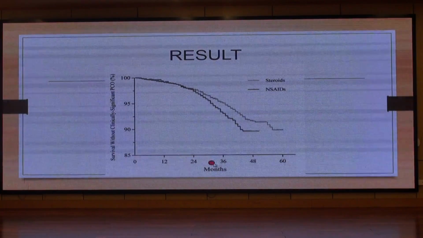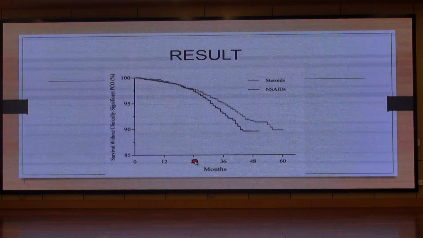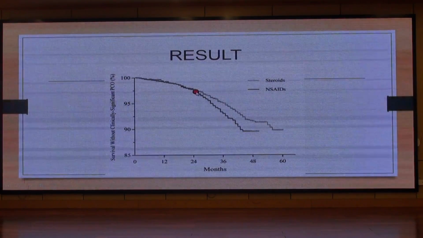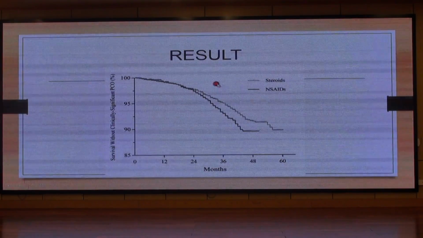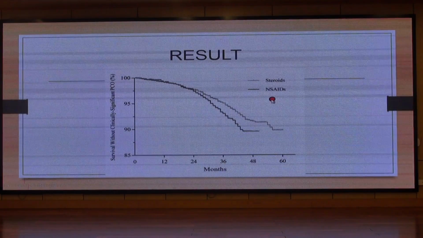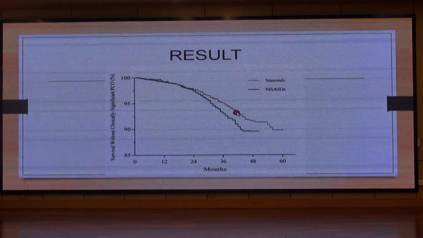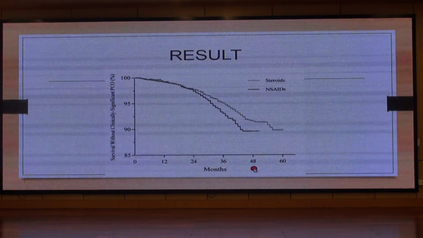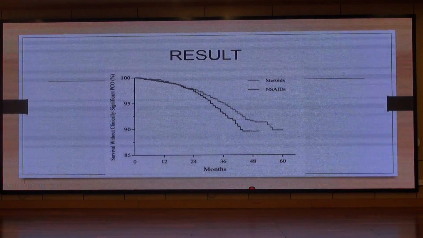The first graph shows us the percentage of patient survival without clinically significant PCO, and you can see at the time of 24 months, there is no difference between the two groups, the group using steroid and the group using NSAID. But there are differences at the time of 36 and 48 months.